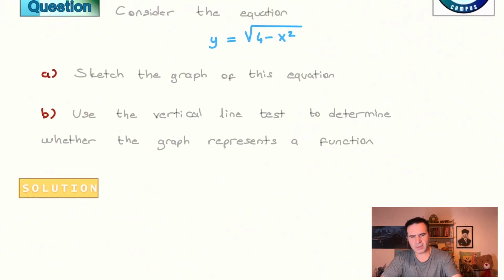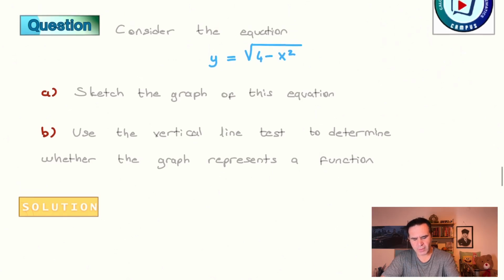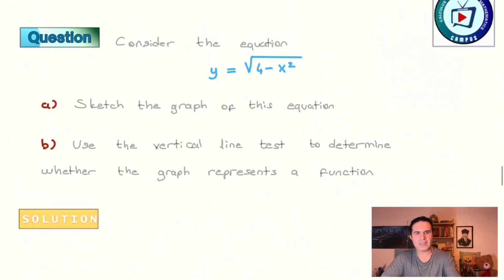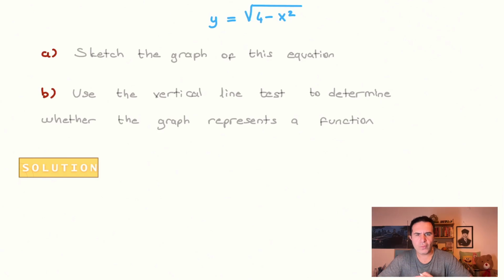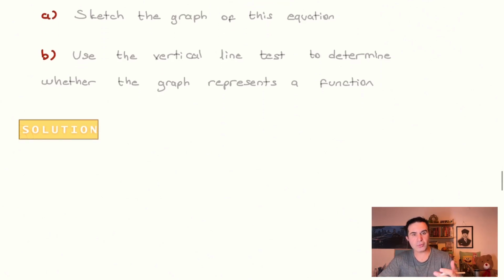For the other problem, consider the function y equals square root of 4 minus x squared. Sketch the graph of this equation and use the vertical line test to determine whether the graph represents a function. The graph of y equals square root of 4 minus x squared is the upper half of a circle with radius 2 centered at the origin.